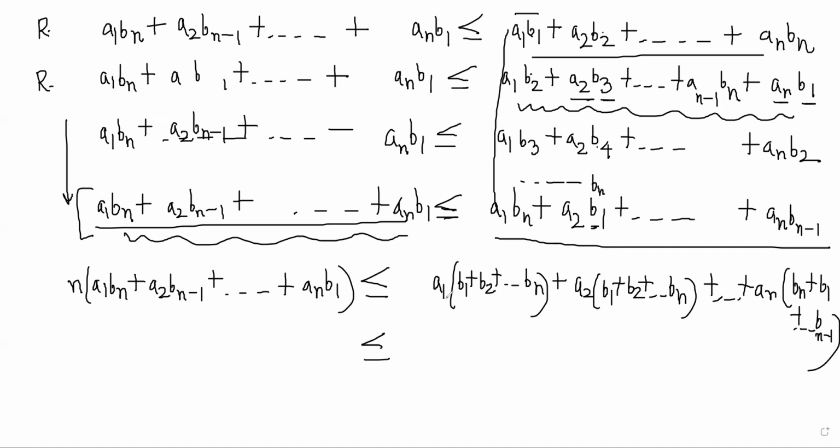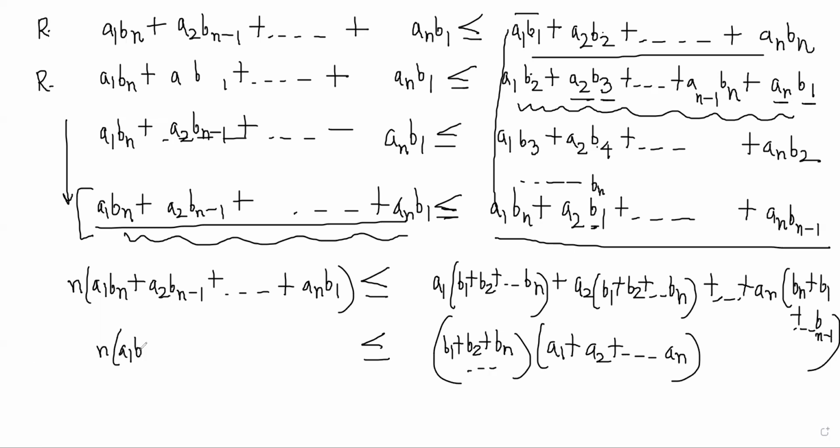So this is less than equal to, this is clearly b1 plus b2 plus bn common, and we get a1 plus a2 till an, right? So you are getting n times a1 bn plus a2 bn minus 1 plus an b1 is less than equal to this. And now dividing by n square on both sides, I can write the inequality that I desired.